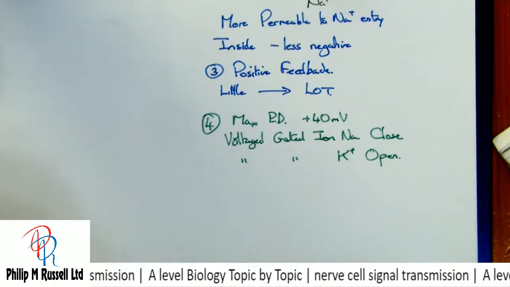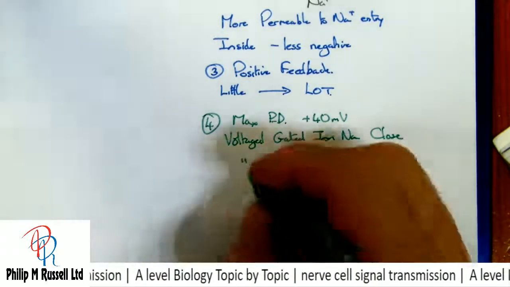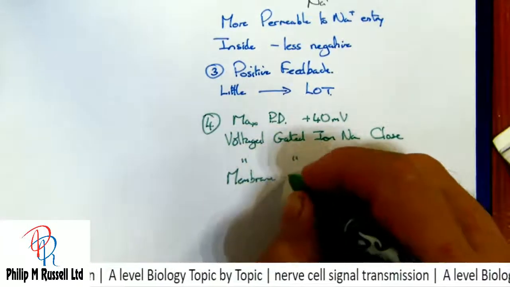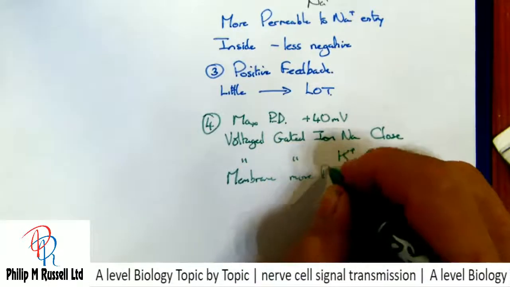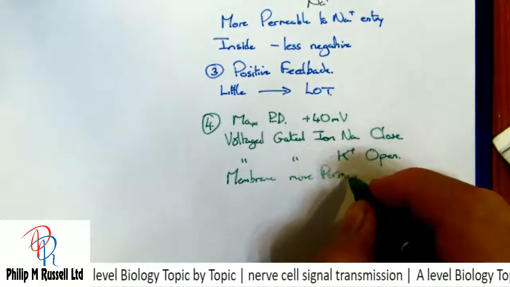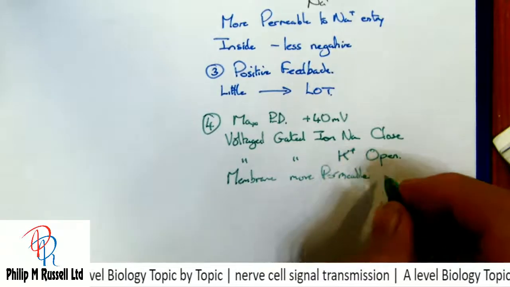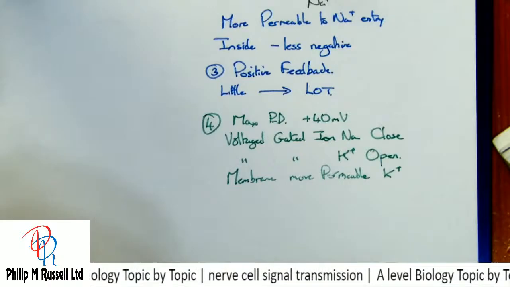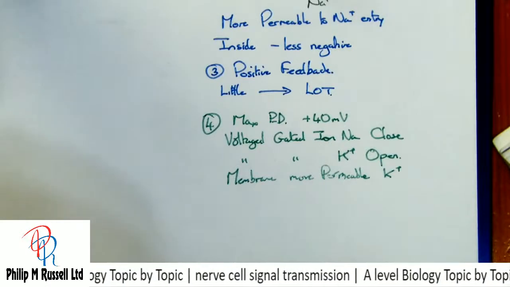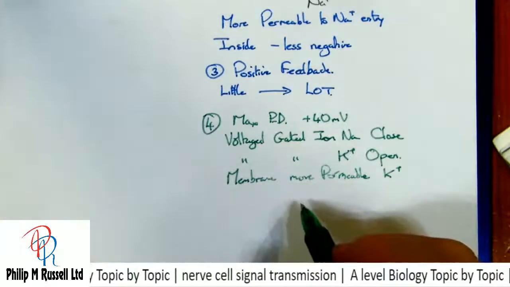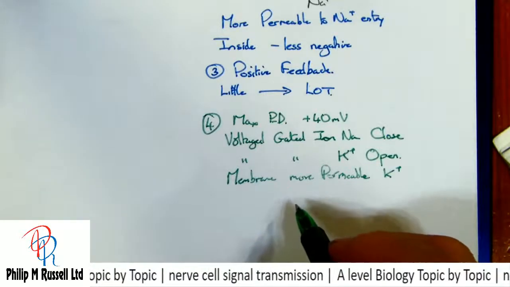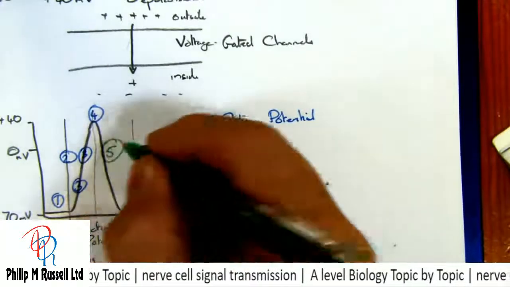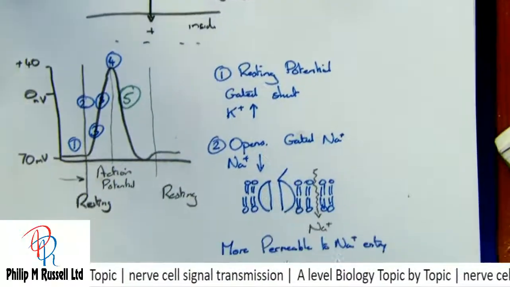But now the membrane is more permeable to potassium ions. These potassium ions start to diffuse out.